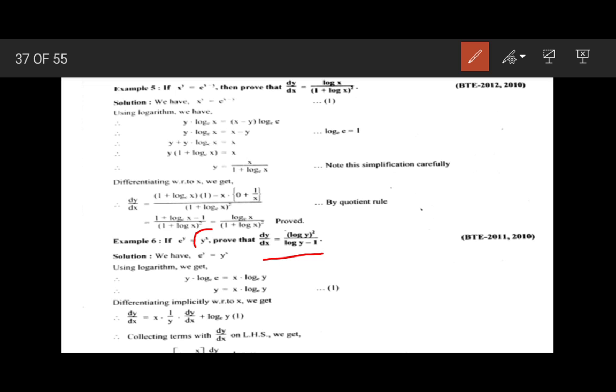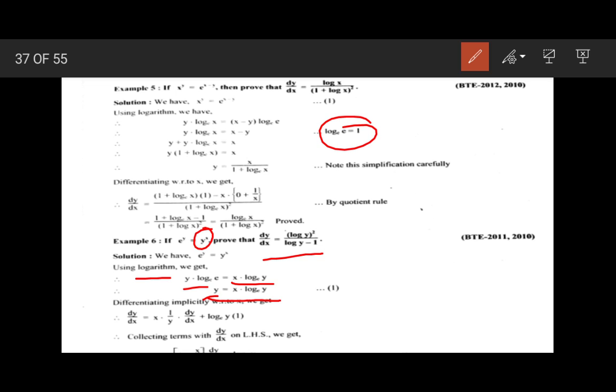Now again see, the right hand side is variable raised to variable, and hence we have to take log on both the sides. So we will get y into log e is equal to x into log y, but log e is 1, right? So finally we get y is equal to x into log y.